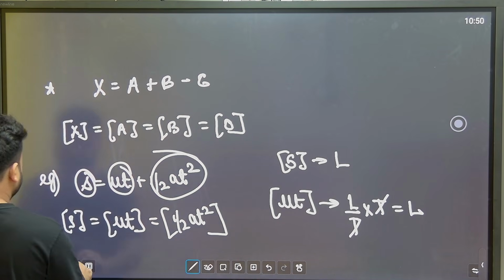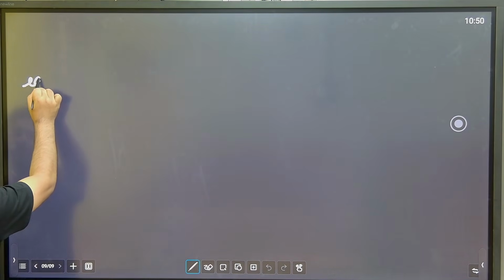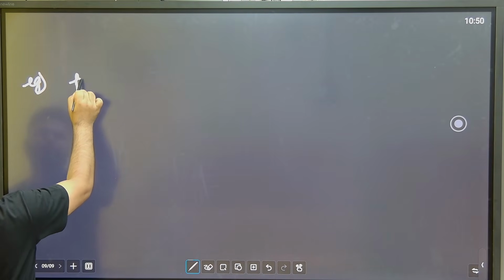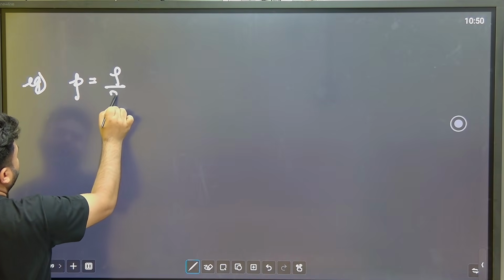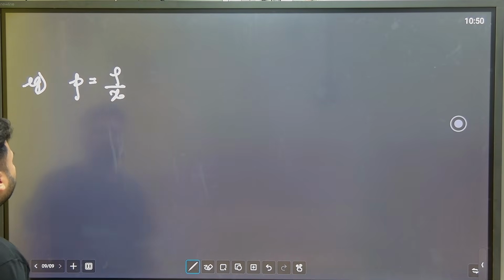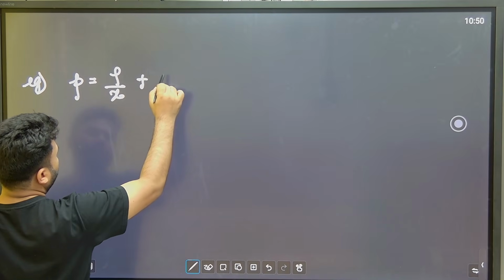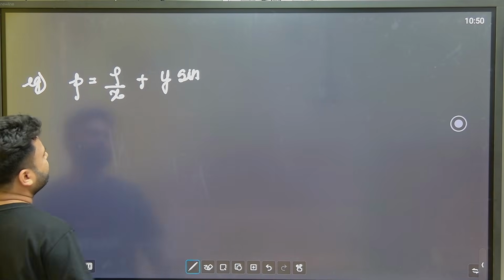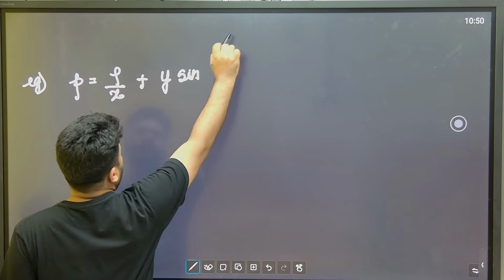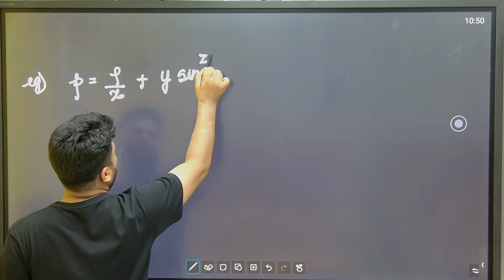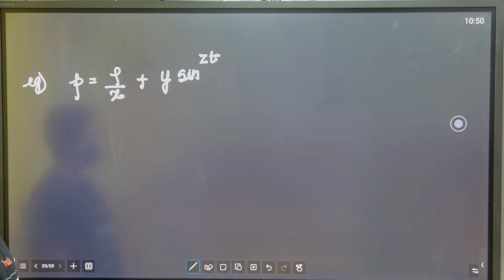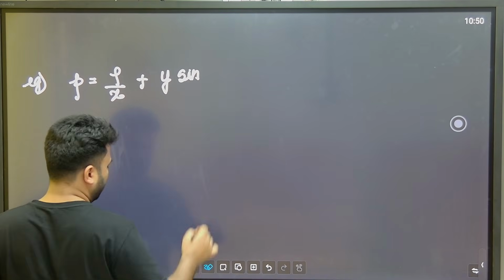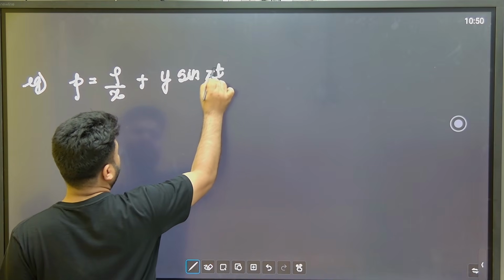Let's take one example. P equals rho by x plus y into sine of zt.